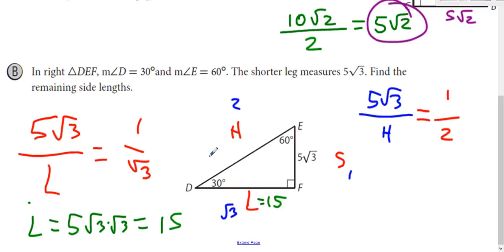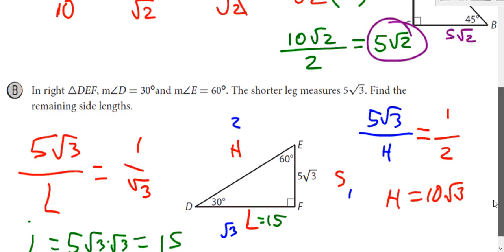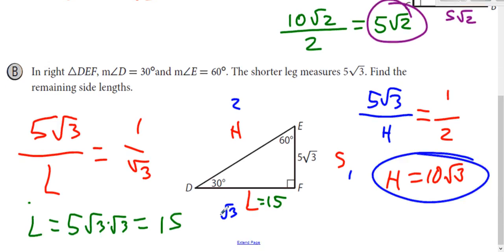Then you cross multiply. So h times 1 is h equals 2 times 5 square root of 3. Oh, is there another side here to solve? Nope, got it all.